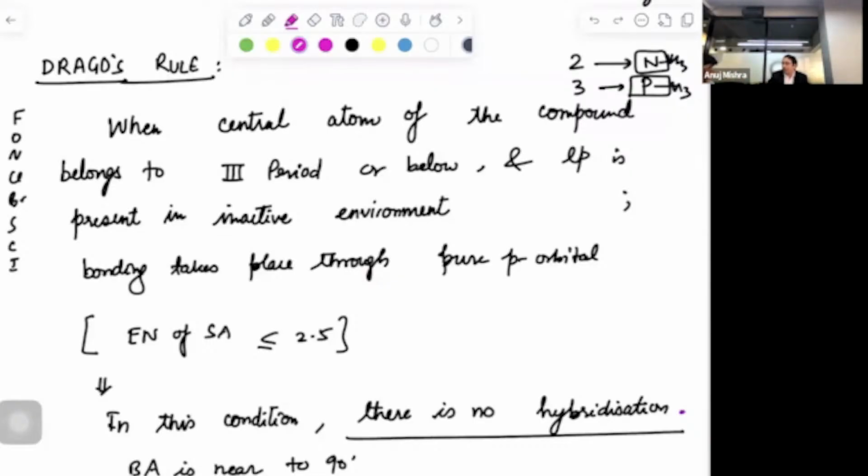What is the PH3 structure? Below N come phosphorus and arsenic. So what is PH3's bond angle? Can you guess? Ammonia's bond angle, with one lone pair, is approximately 107 degrees.